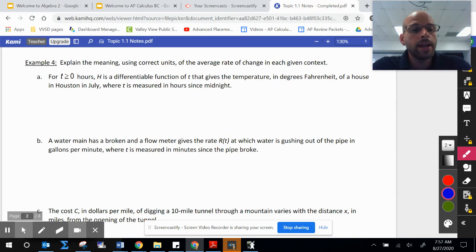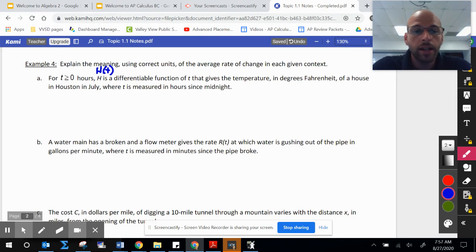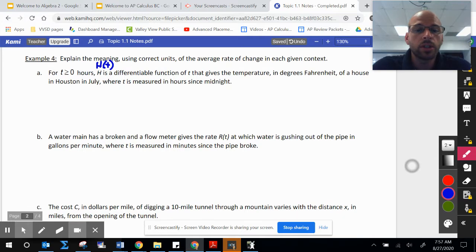So for part A, for t greater than or equal to 0 hours, and this should probably be an h of t, so I'll fix that in my notes as well. But h of t is a differentiable function of t that gives the temperature in degrees Fahrenheit of a house in Houston in July, where t is measured in hours since midnight.